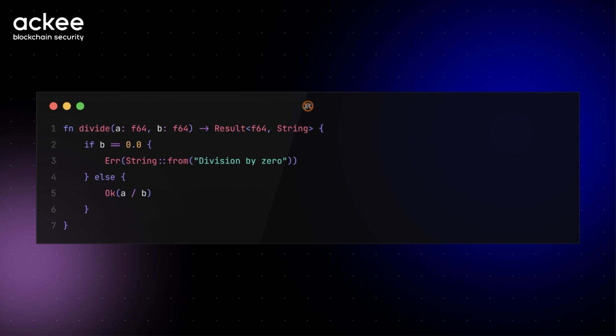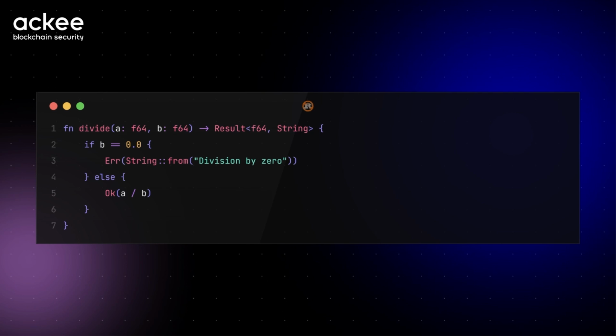In case b is not equal to 0, we actually can divide and we return the result of this division, but wrapped in OK, as you can see on line 5. So basically, you are telling in the function definition that you would like to return result.